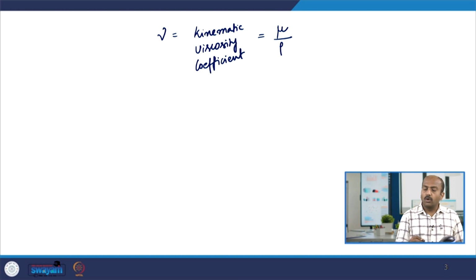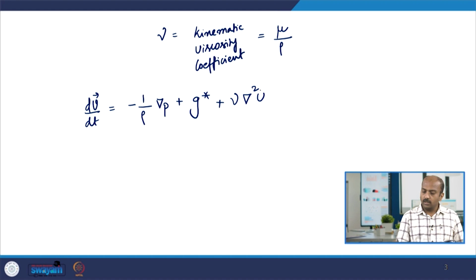Let's talk about the non-inertial forces later. For inertial forces, we can write dV by dt is minus 1 by rho del p, plus the gravity term, plus nu del square u.